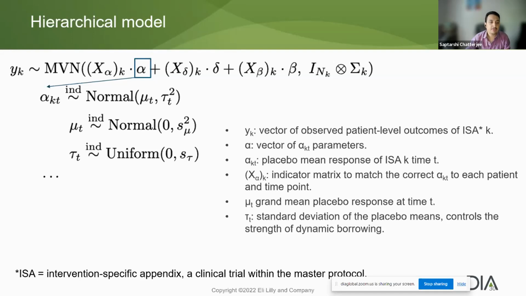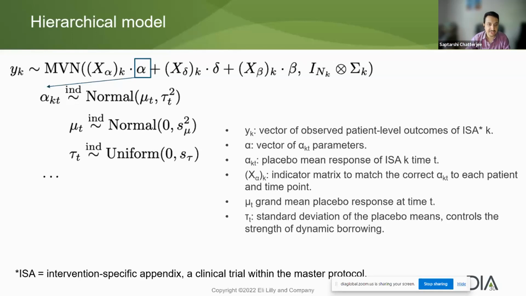With the placebo borrowing, all the action, all the informative prior, is placed on the placebo part. So we have K and T, where T stands for the time point. This model does the placebo borrowing for each time point, so that we have the hierarchy on the placebo part, with a normal distribution and a grand mean that is specific to each time point.